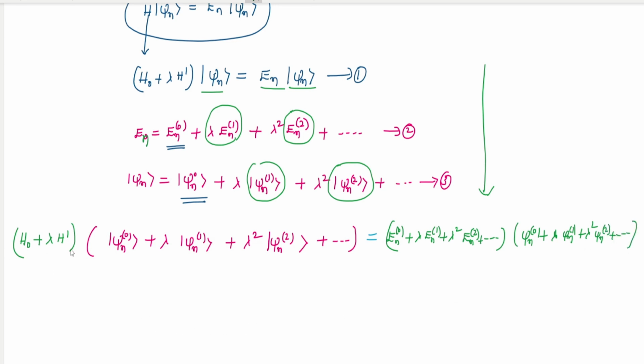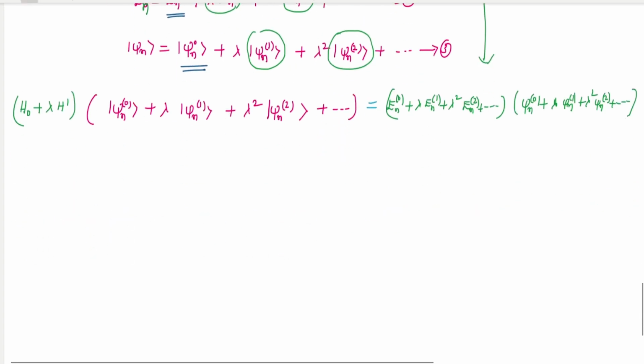So if we multiply H naught into all these terms and lambda H prime into all these terms, then we can get this term. Okay, H naught, I'm going to multiply all these terms.